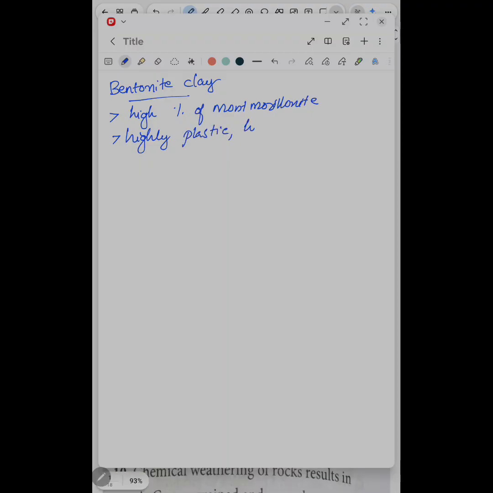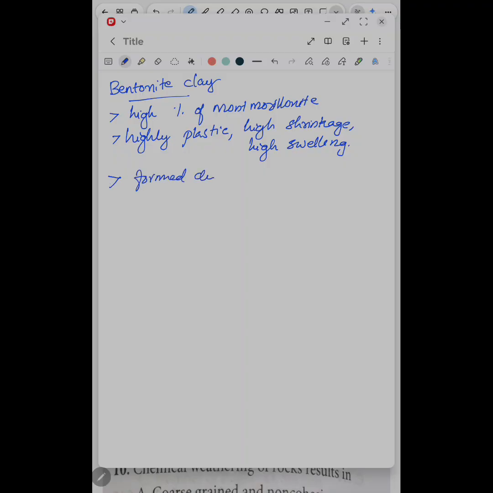They have high shrinkage and swelling because of the presence of montmorillonite. And these are formed due to volcanic ash.